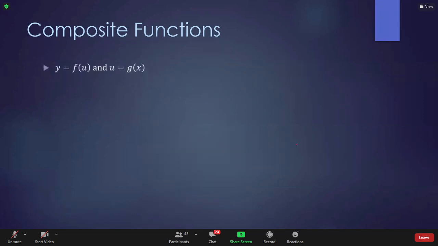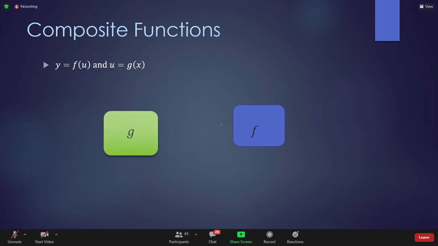We have this function f, but we need u to produce a value for f. Then we need the function g, which will make up that u value. We put the value x into the function g in this case. As a result, the function g gets a value out of this x, u equals g of x.